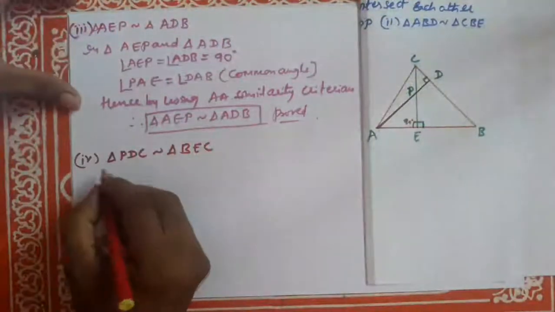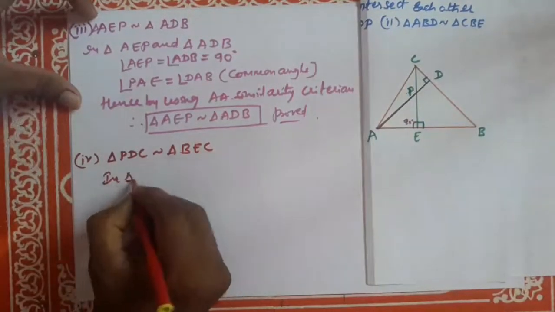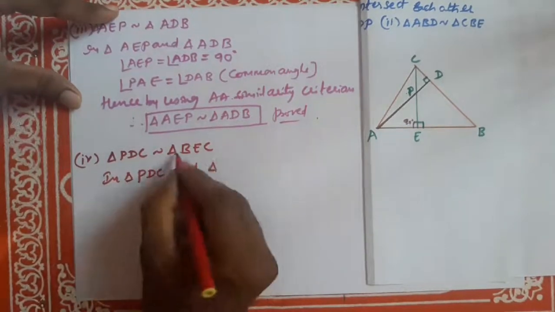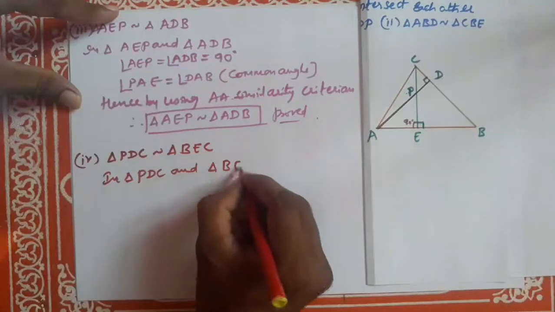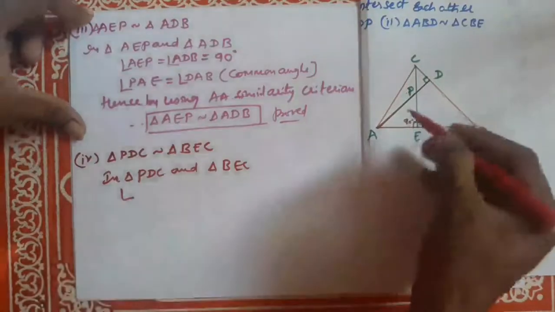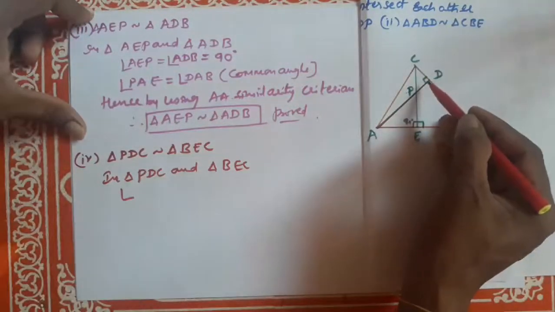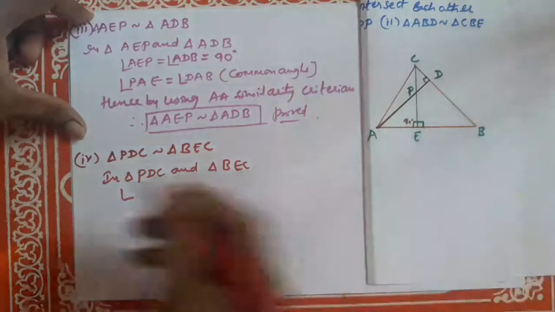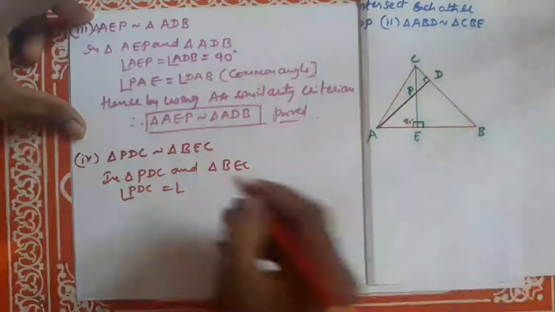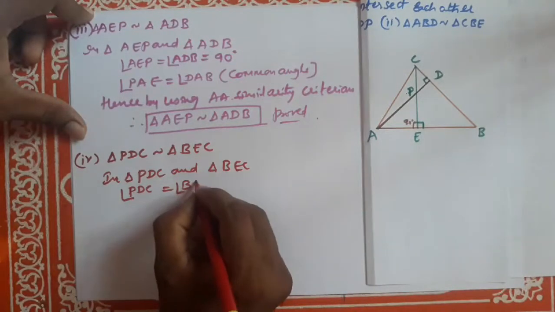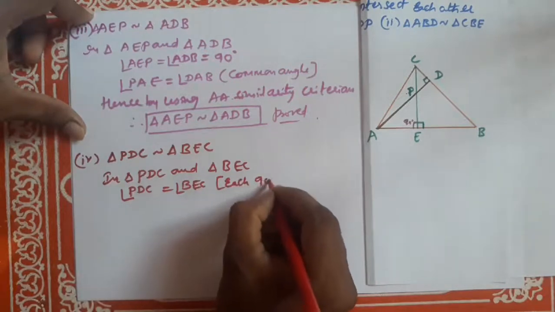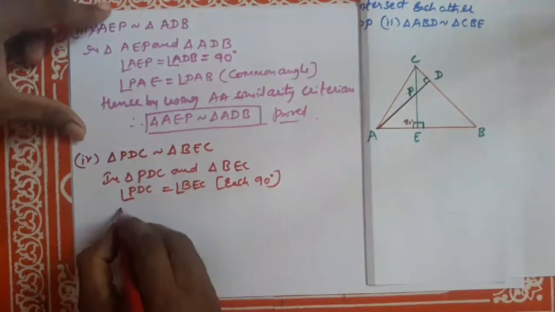In triangle PDC and triangle BEC, angle PDC is equal to angle BEC, each 90 degrees.